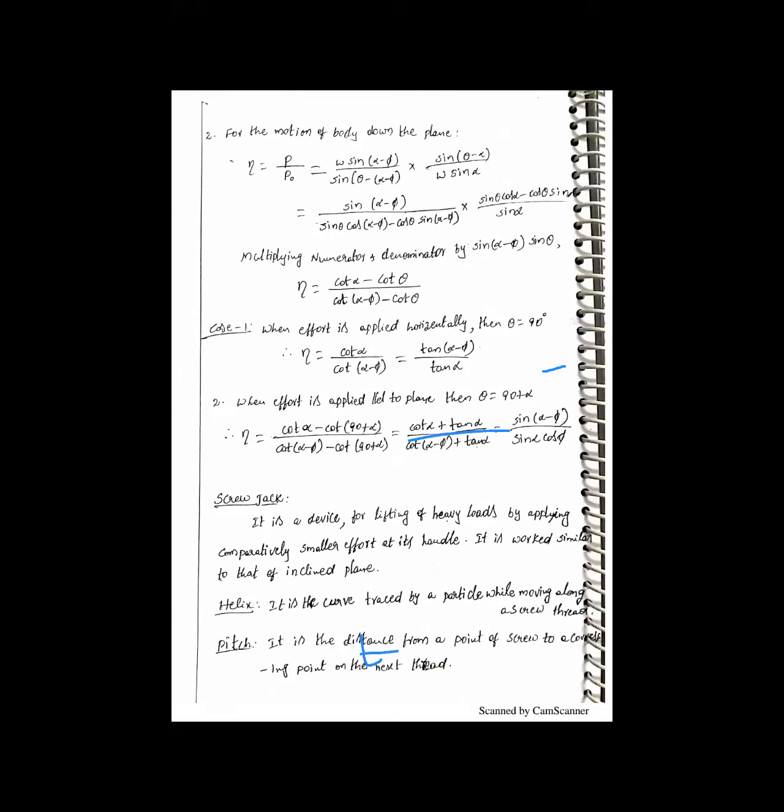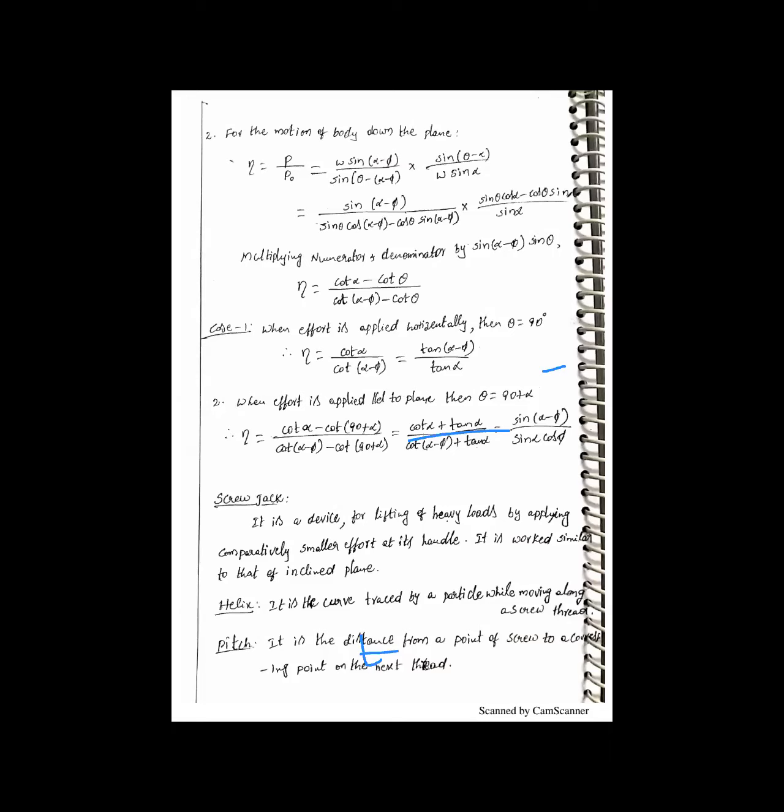The P value is W sin alpha minus phi by sin of theta minus alpha minus phi, and the P naught value is W sin alpha by sin of theta minus alpha. W cancels on both sides, and we follow the same procedure: sin alpha minus phi by sin of A minus B.